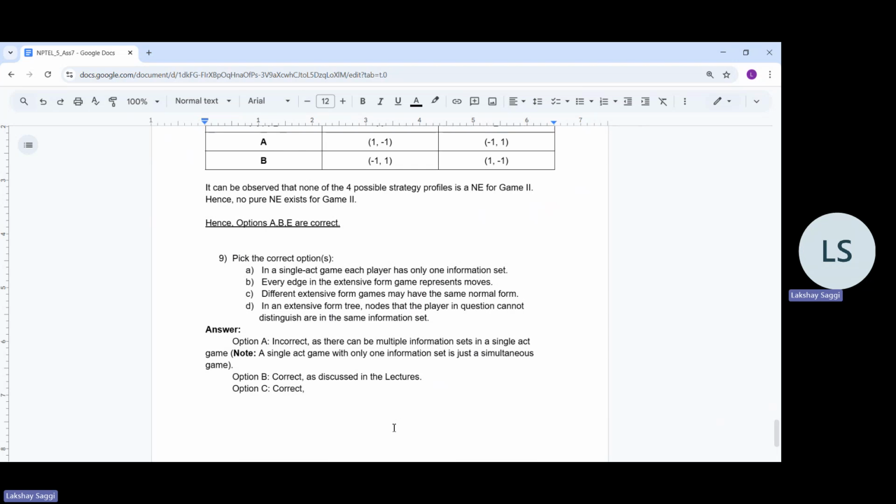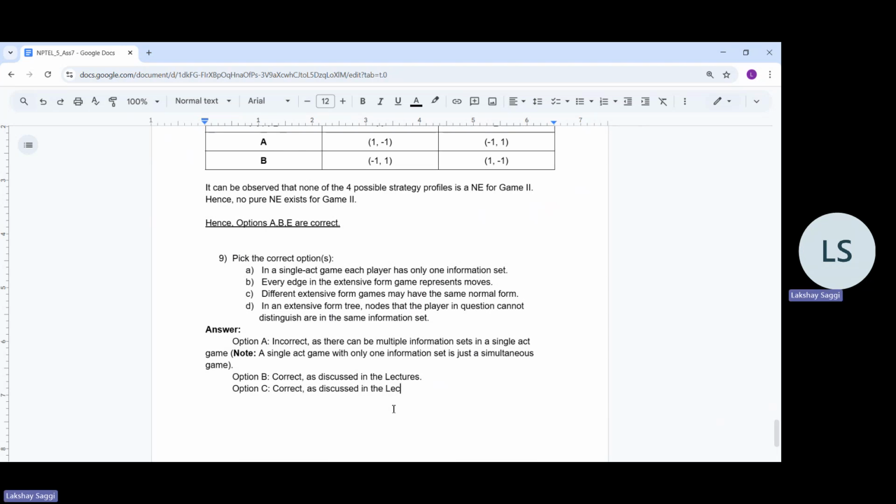But those final strategies can be arrived at through different extensive form games. These kinds of examples were also discussed in the lectures, so I won't delve into this much. The key takeaway is that different extensive forms can correspond to the same normal form.